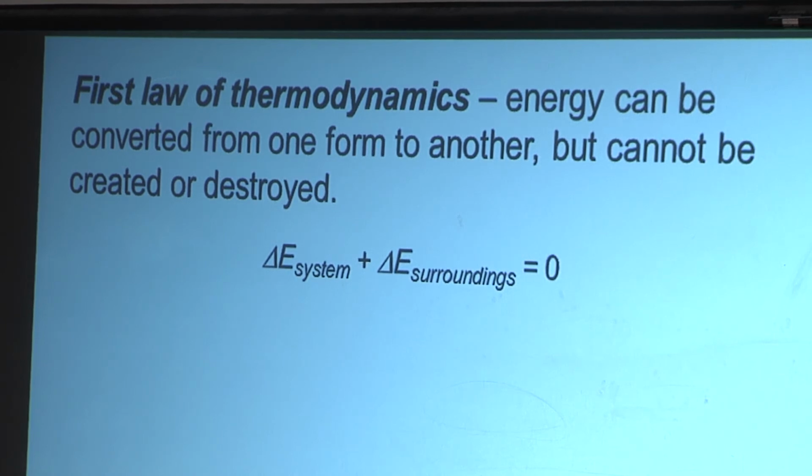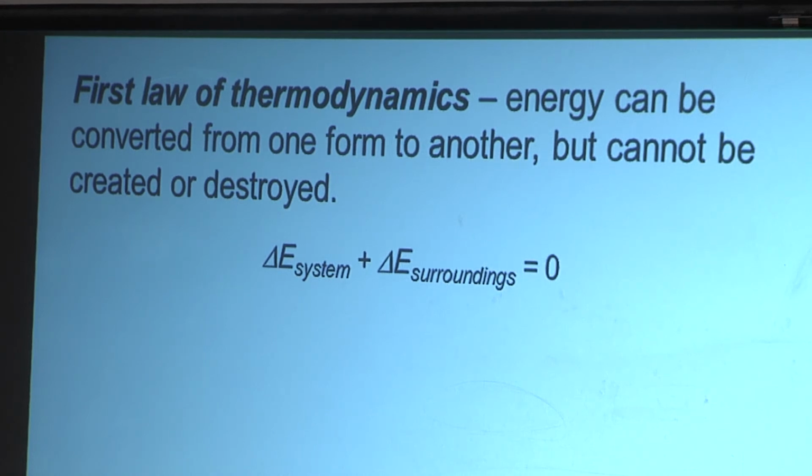So what does this mean? That means whatever your system is, if the energy of the system goes up, the energy of the surroundings must go down by an equal amount. If the energy of the system goes down, the energy of the surroundings must go up by an equal amount. If you're boiling water on a gas stove, you turn it on, you get a little flame, and the energy in the fuel gets converted to heat, which heats up the water.